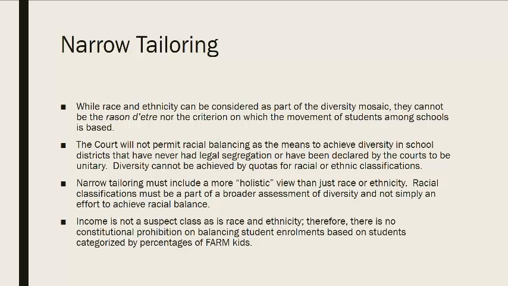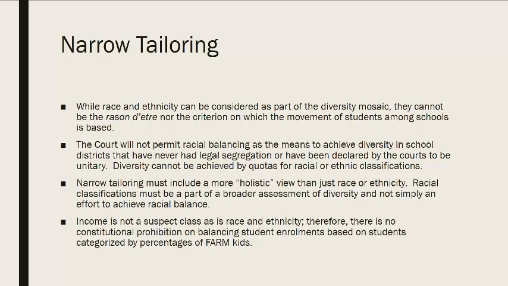So in other words, what's happened now is that race and ethnicity can be considered, but they cannot be the only reason that you assign students to schools. So what the court's saying is that you cannot assign students strictly on race in order to achieve a uniform system.